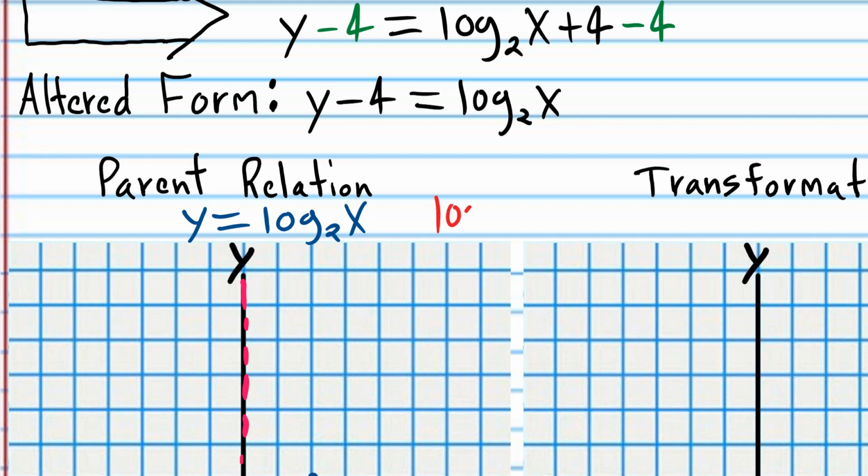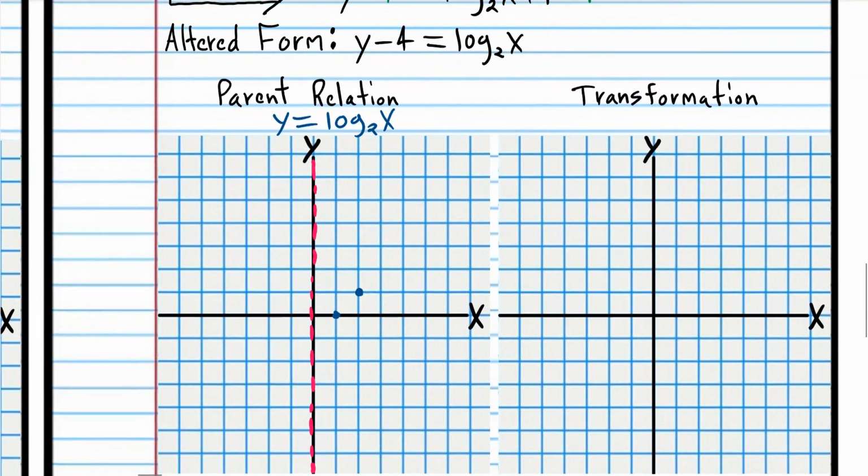If we plug in 4, don't you agree that 4 is the same thing as 2 to the second power? So I plugged in 4 there, but that middle logarithm property tells us that the value of this logarithm has to be whatever that exponent is. That's just that logarithm rule. So you plug in 4, you get 2, and that's about all we can do as far as the points on the parent graph.